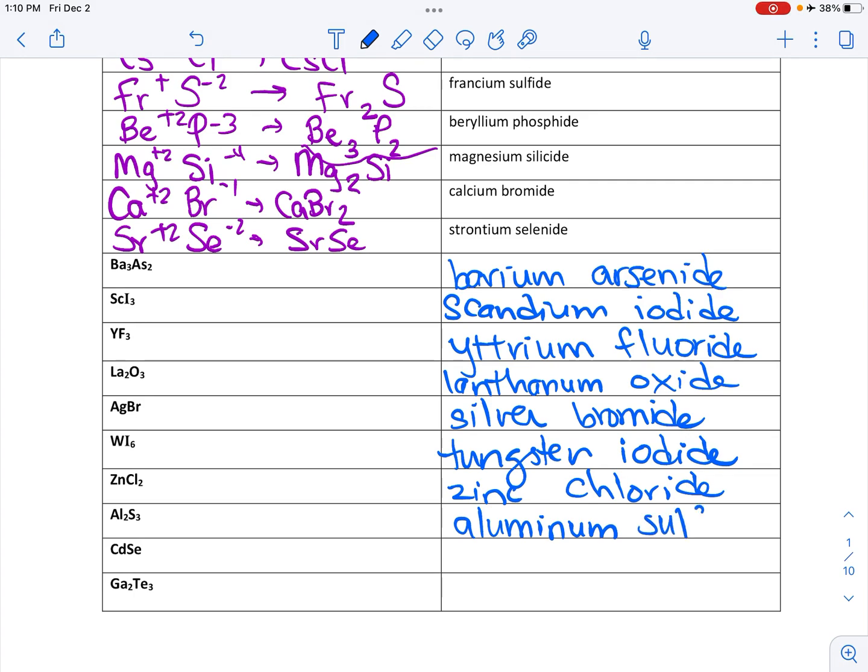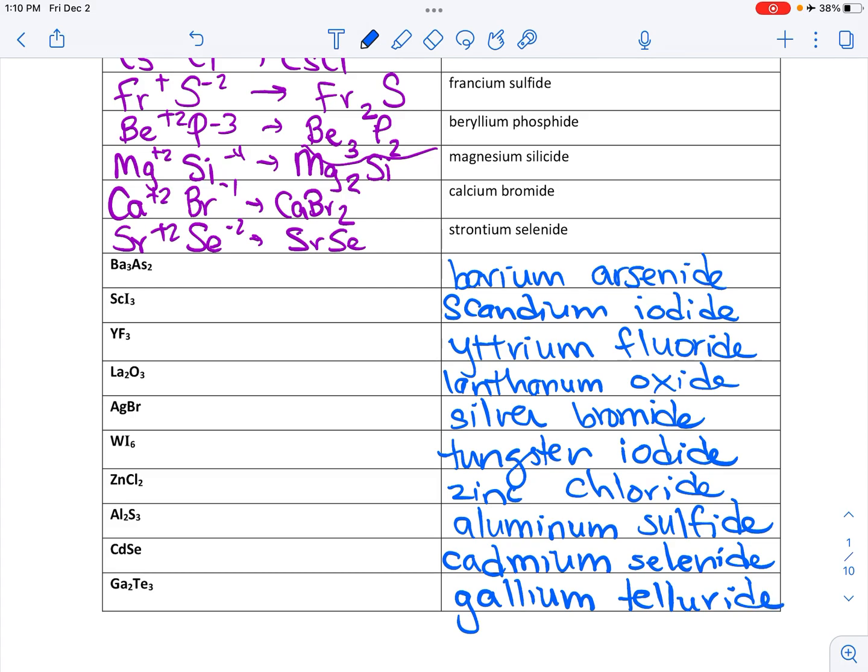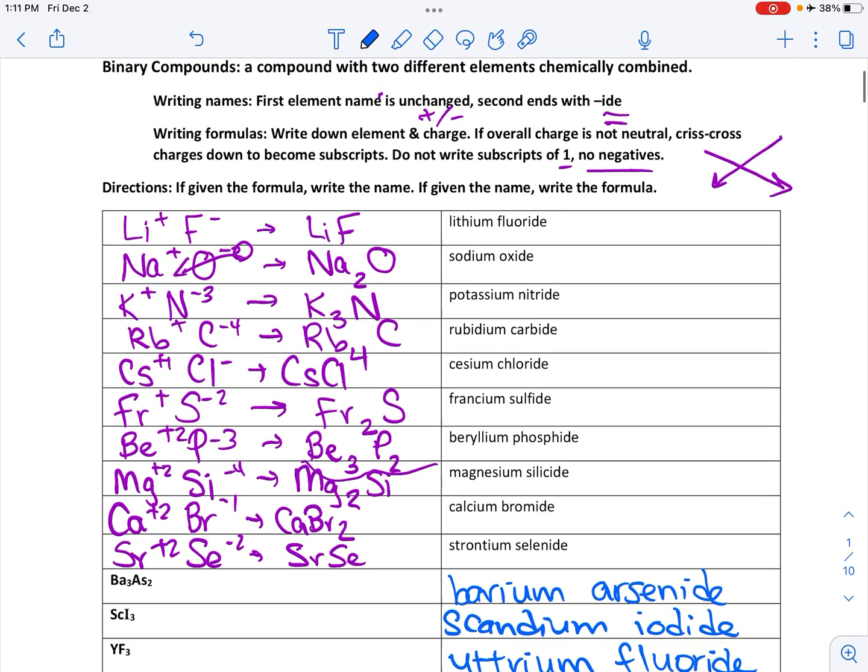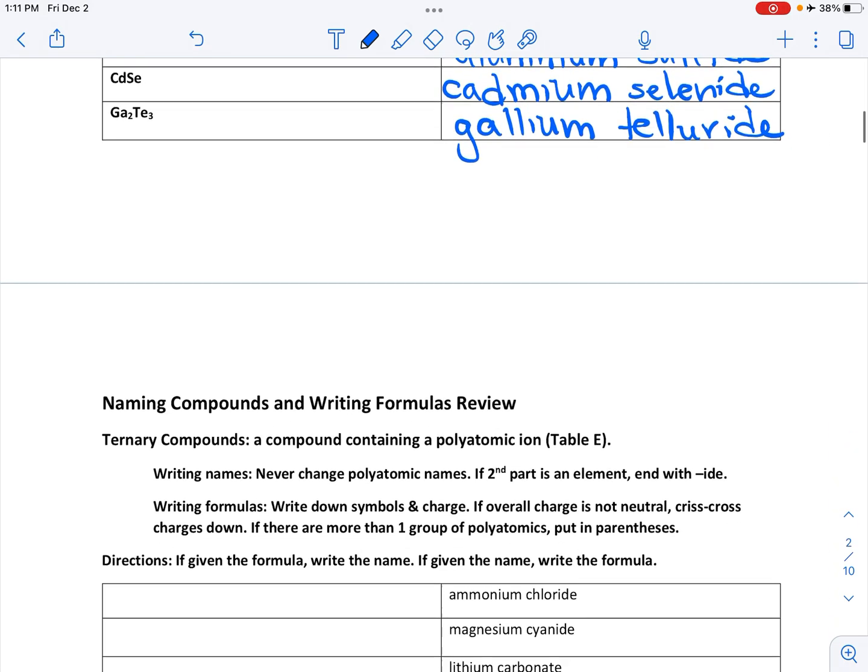Sulfur becomes sulfide. Cadmium, selenide, that's selenium, selenide. And then finally, gallium. Te is tellurium, so that would be telluride. So those are the binary compounds, so probably the easiest step.